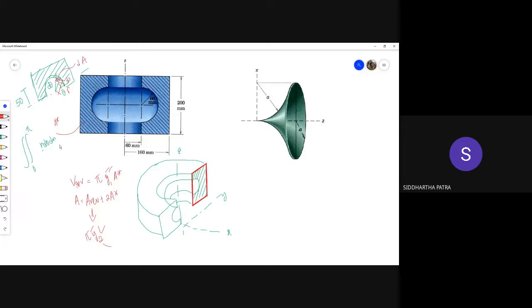You are taking r sine theta as the y coordinate, and r ranges from 0 to 60.